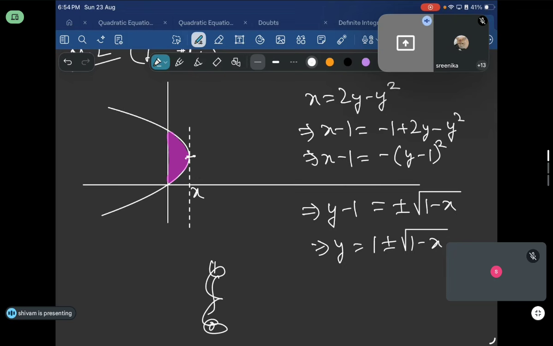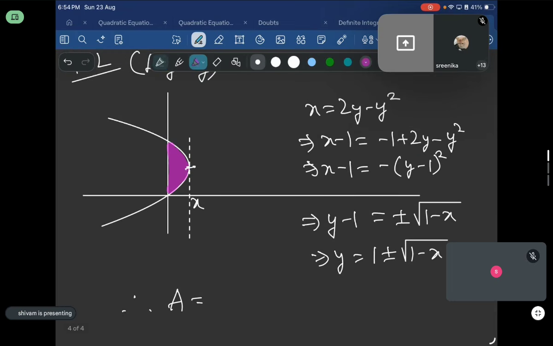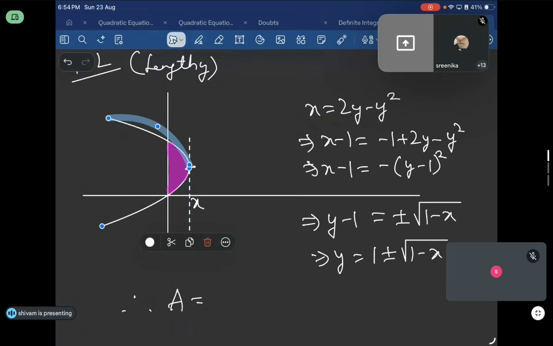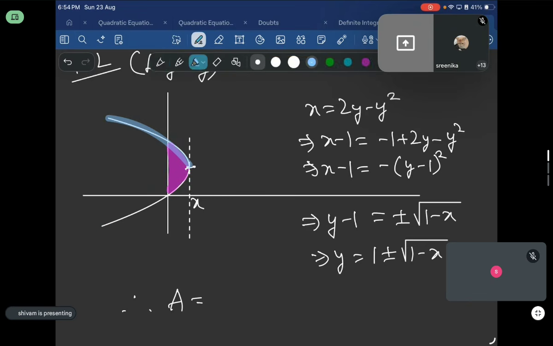So therefore area will be equal to this branch. Pay attention everyone. The equation of this branch is the positive one. This branch is y equal to 1 plus root over 1 minus x.